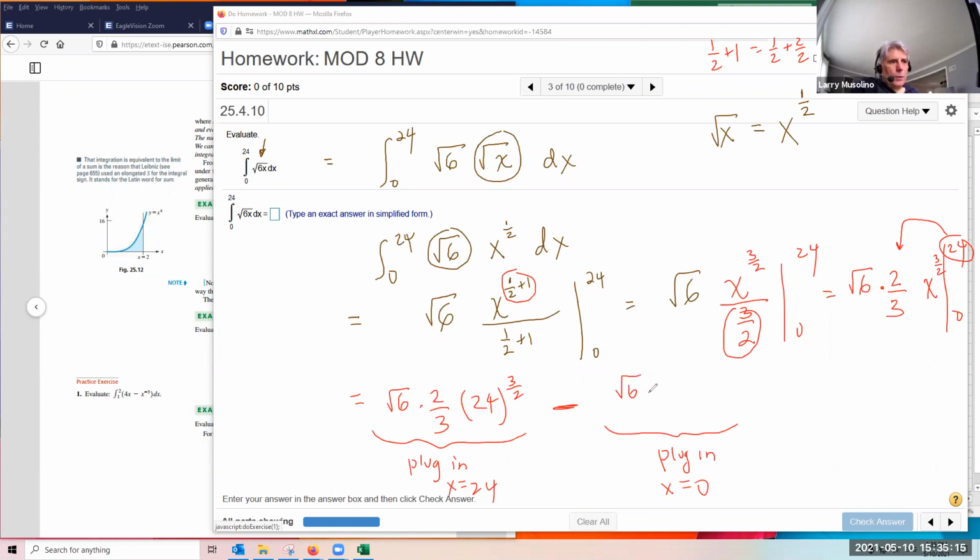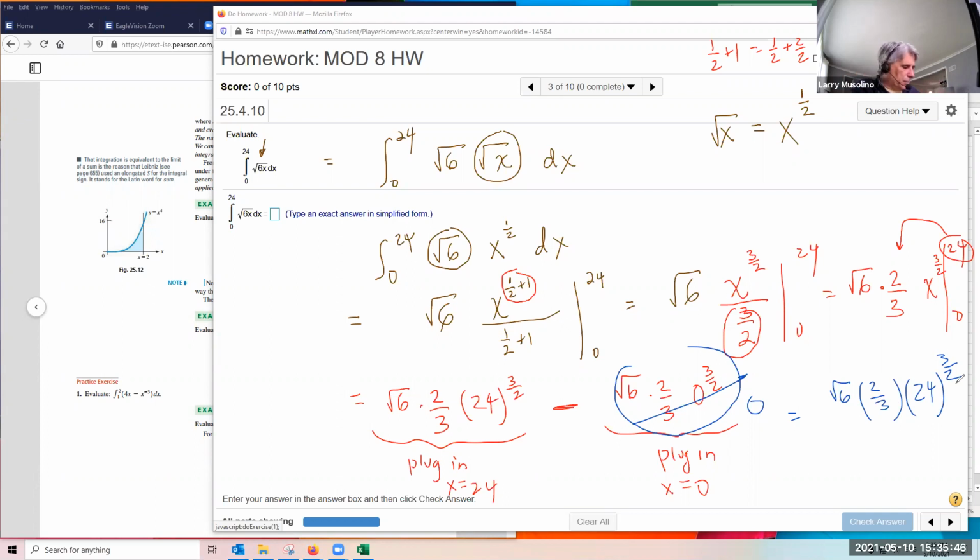All right, well, x equals 0 means this entire subtraction here in the back is all 0. So this is just 0. I'm just going to go to my calculator and work out the square root of 6 times 2/3 times 24 to the 3/2. Let your calculator do this. And by the way, if you go to www.desmos.com, that's a calculator too.